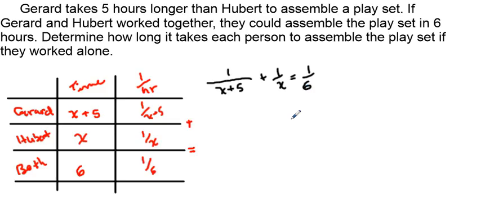So now I'd like to multiply each of these by a common denominator, which in this case would be 6 times X times X plus 5. So writing that out over here just so we can see it, we'd have 6 times X and X plus 5.